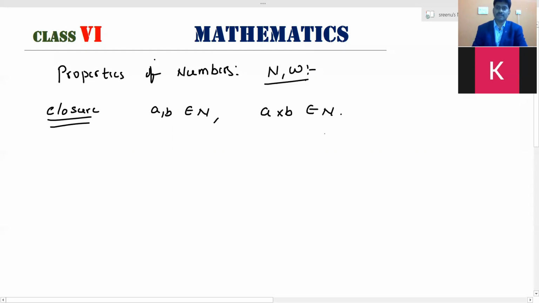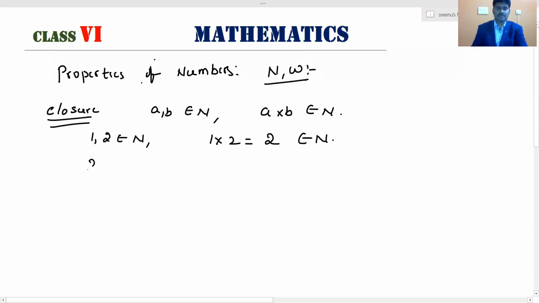That means let us take an example. 1, 2 are natural numbers. 1 into 2, how much? 2, which is a natural number. I will take some other numbers, 2, 3. 2 into 3 is how much? 6, which is a natural number. Like that.